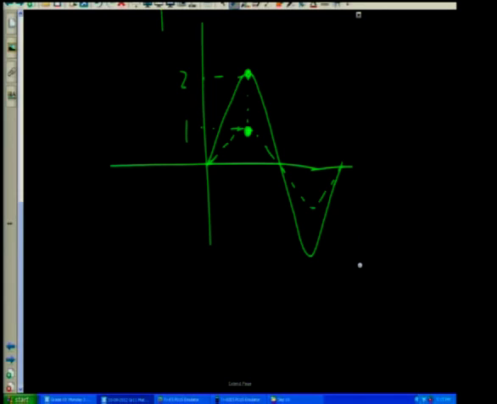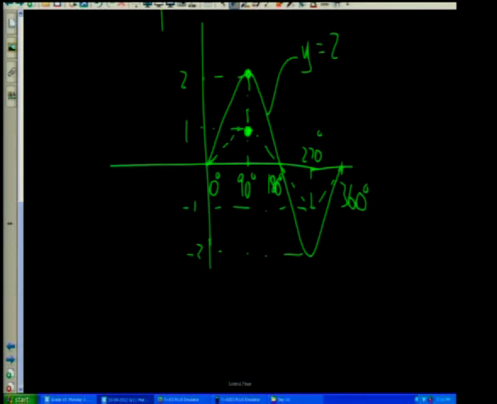The same applies there: if it was minus 1, then it becomes minus 2. The period is still the same: 0 degrees, 90 degrees, 180 degrees, 270 and 360 degrees. Notice that I've chosen to draw this in the interval from 0 to 360 degrees. So this would then be a graph of y equals 2 sine x.